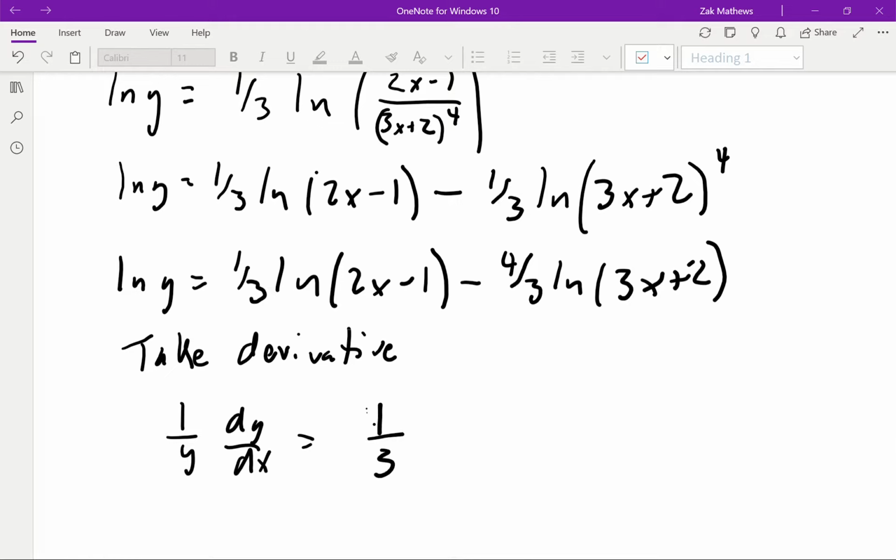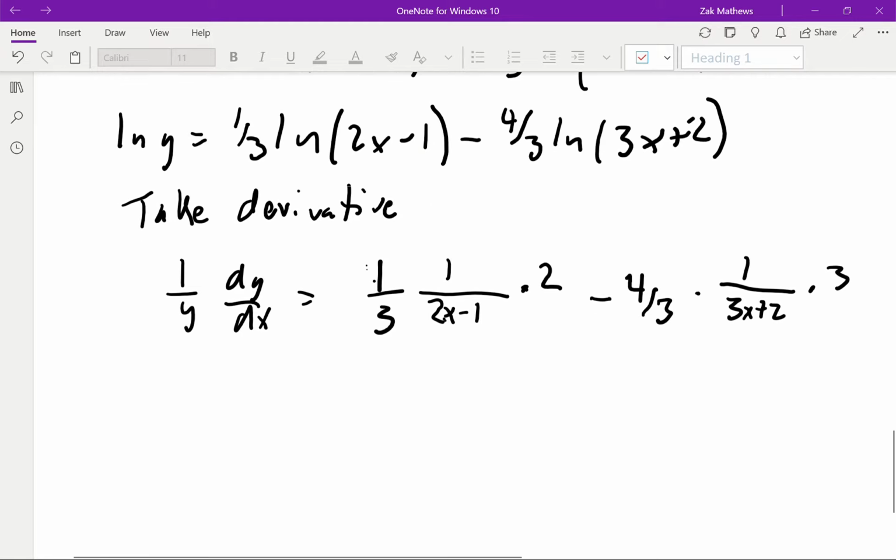And then the natural log, the derivative of that is 1 over the inside of that logarithm. Then I have to multiply that by the derivative of the inside, which will be 2. So that's the derivative for the first half, minus 4/3 times the derivative of the natural log, 1 over the inside of the natural log times the derivative of the inside of it, which is just a 3.